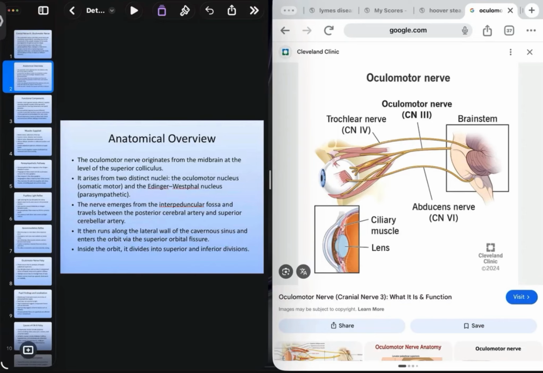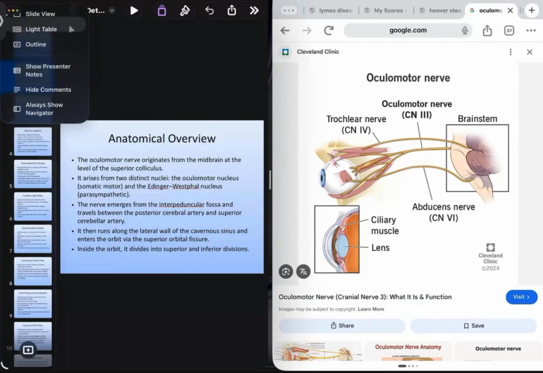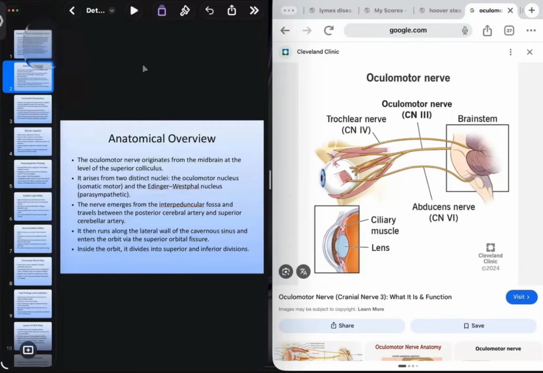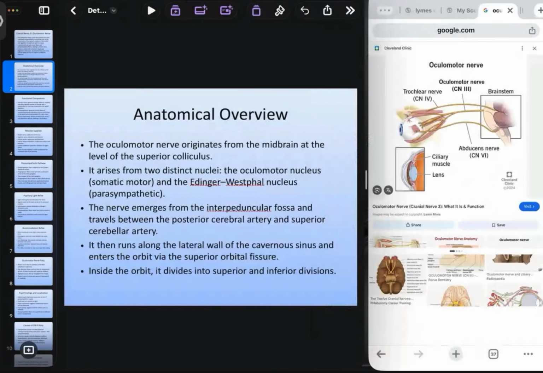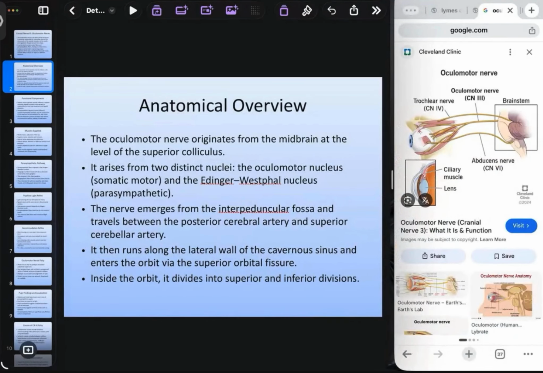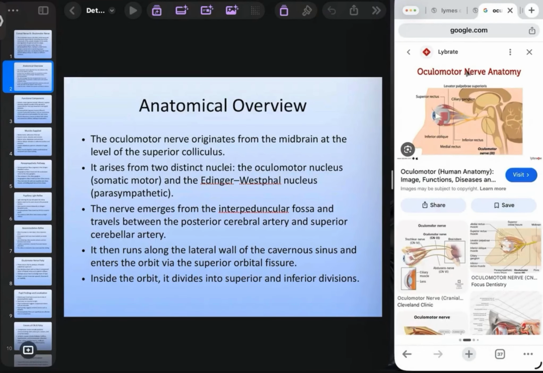I want someone to read this. Please, can someone read this? Yeah, go ahead. Anatomical overview. The oculomotor nerve originates from the midbrain at the level of the superior colliculus. It arises from two distinct nuclei, the oculomotor nucleus, somatic motor, and the Edinger-Westphal nucleus, parasympathetic.